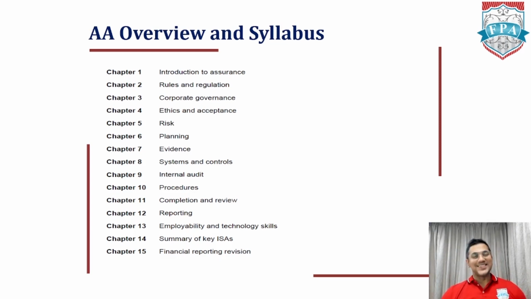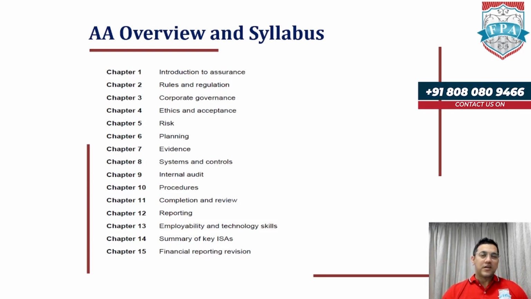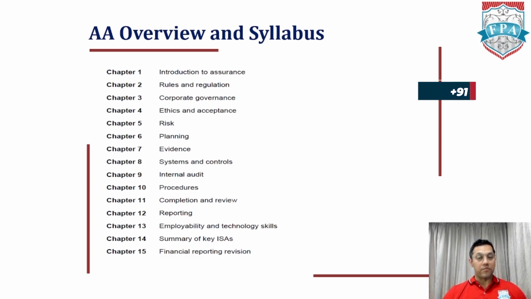Then comes procedures. Procedures is something you will keep hearing as you move on to the next lectures as well. When we start to talk about all the chapters in detail, you will see that procedures will stay with you right from chapter 4, where you talk about the procedures you need to do to fix a problem, right?